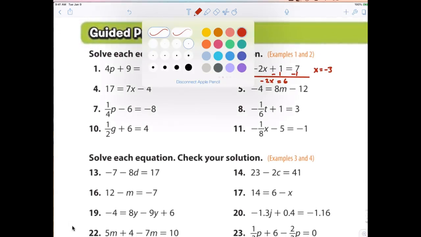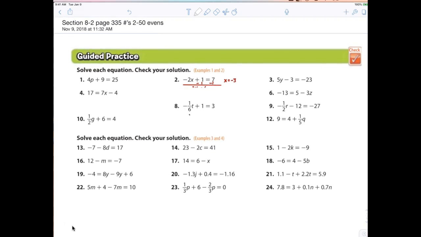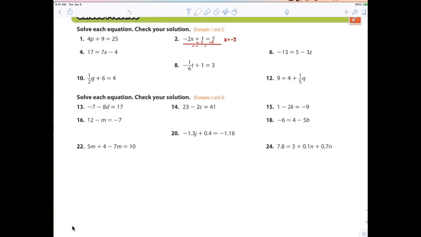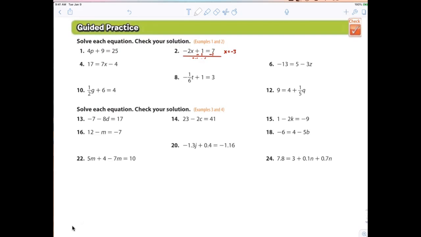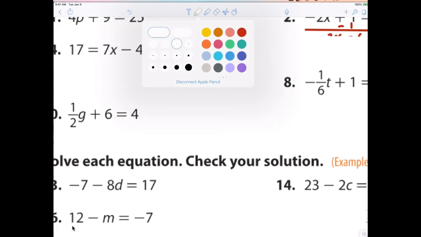I think what I'm going to do is this. Okay, let's take a look at number 4. Now, does everybody agree on number 4? We could rewrite it, correct?